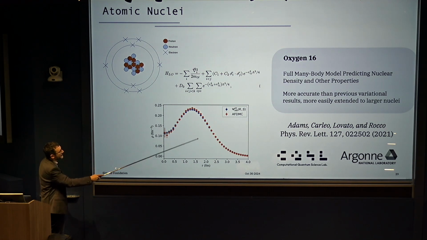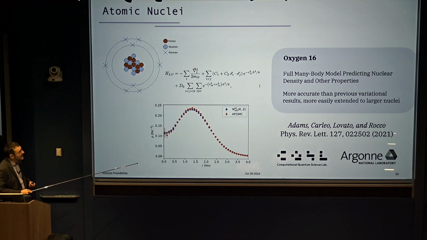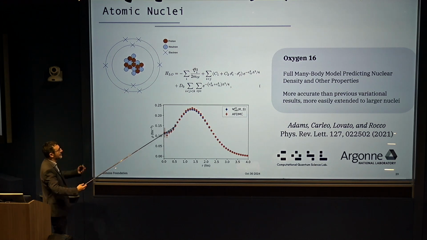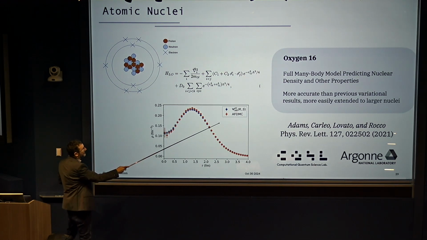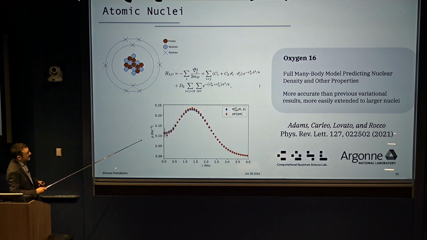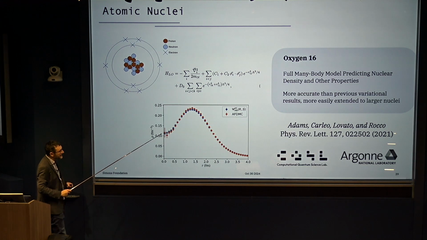And you can match predictions obtained with auxiliary field diffusion Monte Carlo, with the difference that this technique can typically be extended to much larger systems than those you can treat with auxiliary field diffusion Monte Carlo, which is constrained by the nature and the complications of these nuclear interactions in some cases.